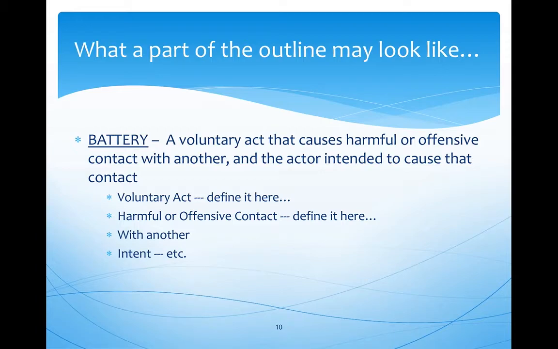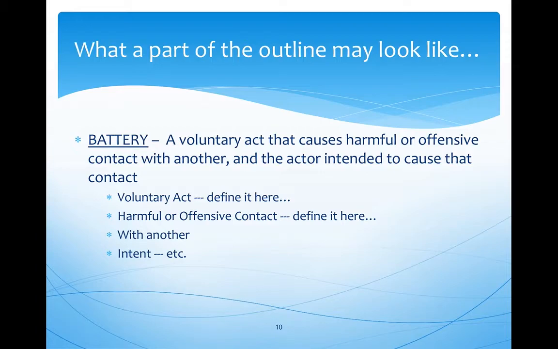So that is your battery. And then you're going to see cases. Maybe there's a case that talks about whether the act is voluntary or not. The case that I happen to remember is one where someone is having a seizure, and they don't have control of their body, and they end up hitting the plaintiff with their hand. It wasn't a voluntary act, so it's not a battery. Make sense? So that helps me remember how to apply that element.